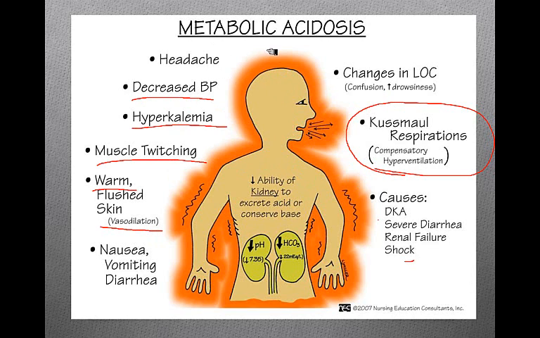So what's happening in metabolic acidosis? You have a decreased ability of the kidney to excrete acid or conserve the base. If we know that the kidneys are not able to compensate, what's going to compensate? Your respiratory system. That's why you're going to end up having a high respiratory rate.